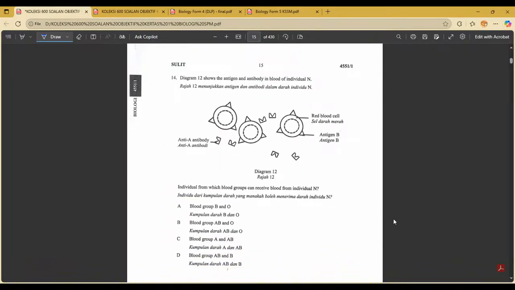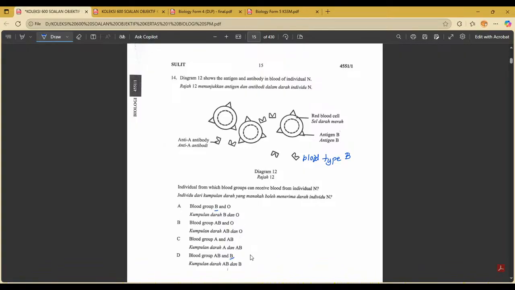Individuals from which of the following blood groups can receive blood from individual types? It has B antigen and anti-A antibody. This is blood type B. Blood type B can, of course, give and receive from itself.